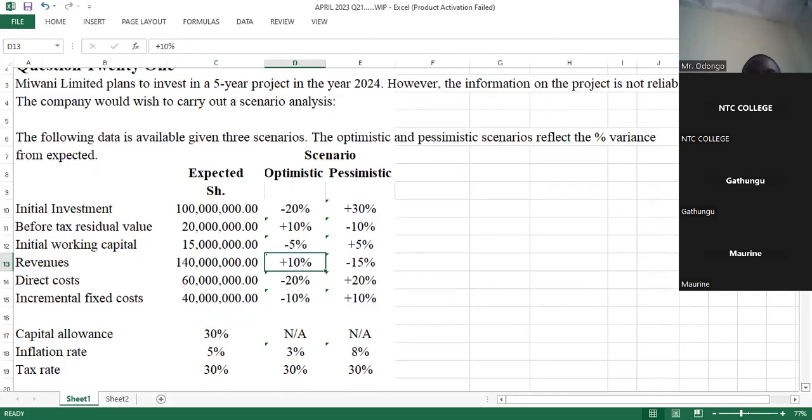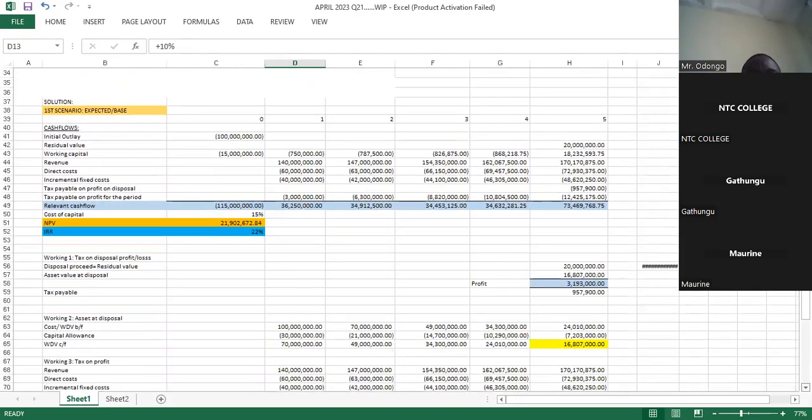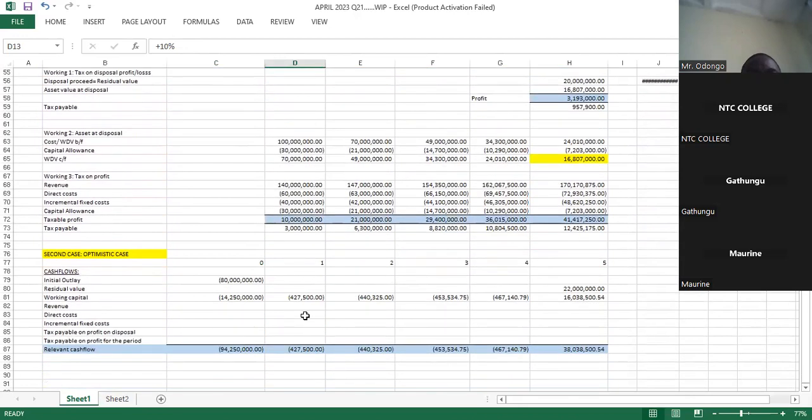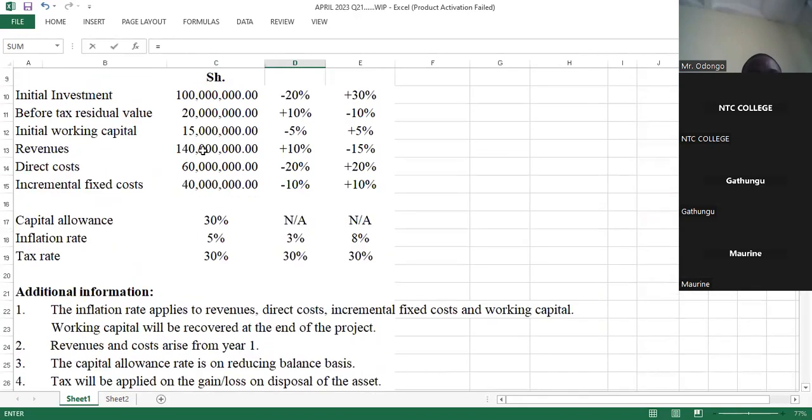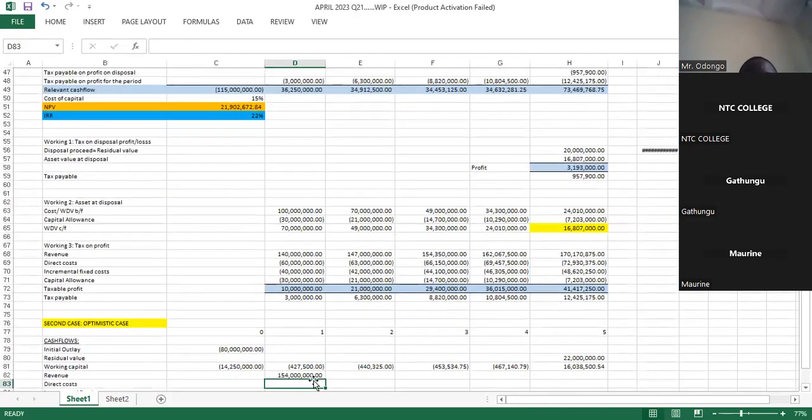That means for period 1, revenue shall equal, I pick the 140, I multiply by 110%. Period 1, I will have 154 million shillings.